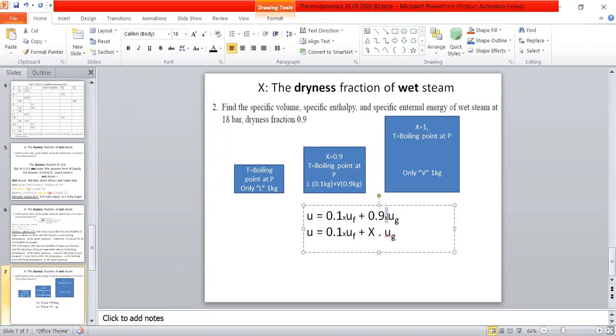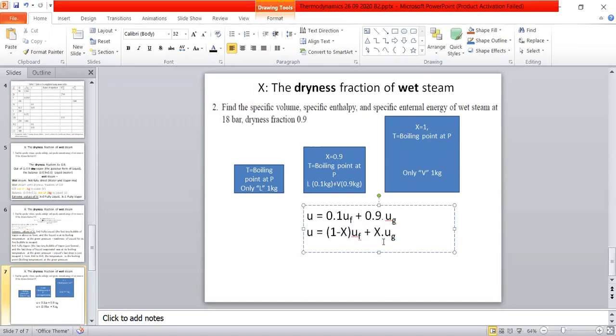So 1 minus X times UF, plus X times UG, and 0.1 means 1 minus X. This is quite generalized, simplified.